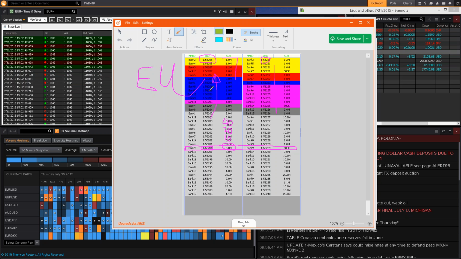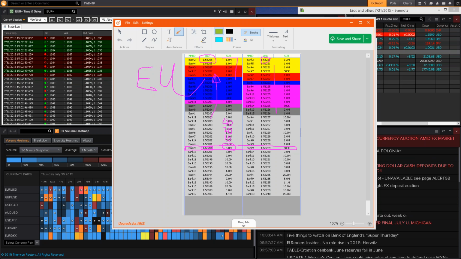So you have to figure it out from the market maker's perspective, right? A market maker wants to go long, wants the price to go up, so they're bidding here, selling it to you, right? And if they want the price to go down, they join this side of the market.